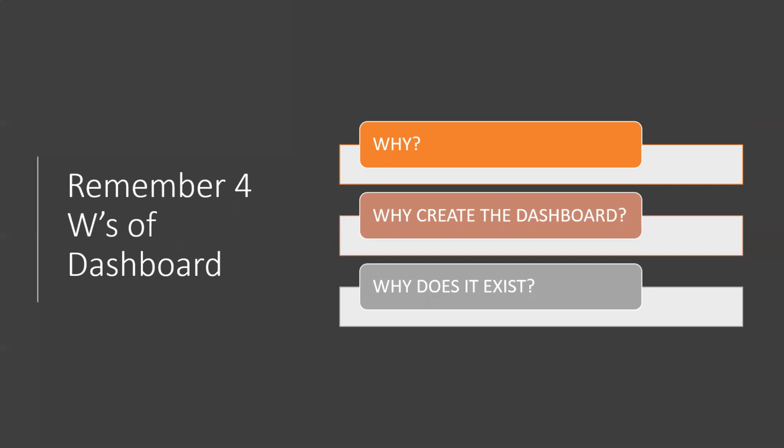Why are we creating the dashboard, why does it exist, and for whom are we creating it? These are all important things that we need to ask the client or our reporting manager, whoever has given you the task to create a dashboard. This information needs to be clear before creating a dashboard.